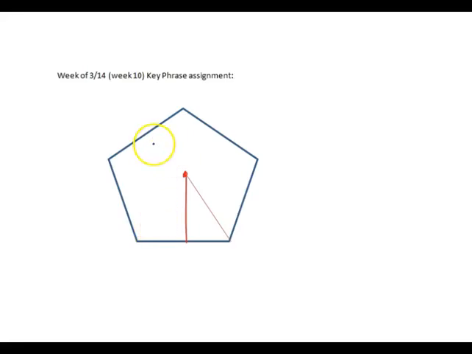All right, so we're ready for our key phrase question. This week we looked at how we can find the area of a regular polygon, which is A equals 1/2 apothem times the perimeter.